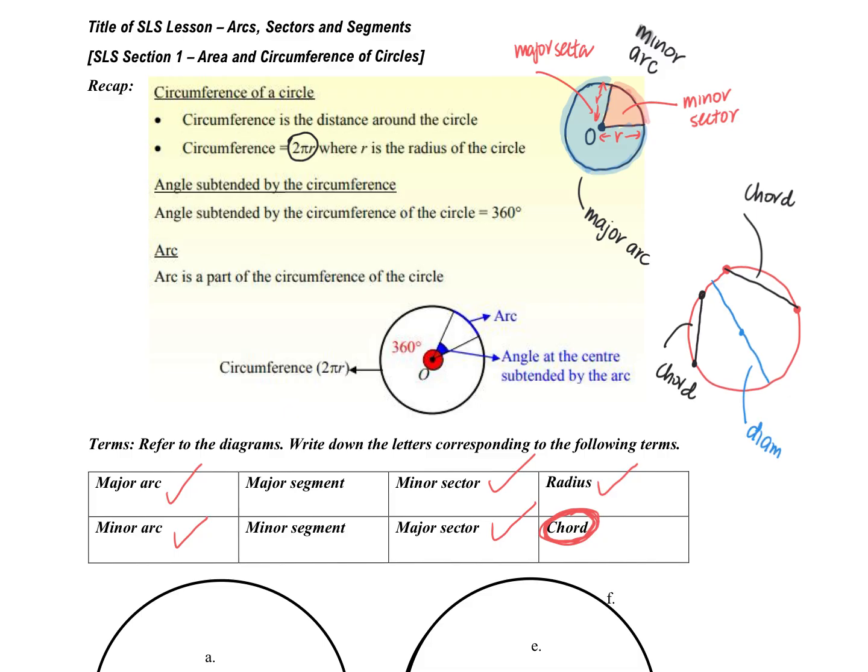This diameter is the longest chord on the circle because it's joining 2 points on the circle and it passes through the center. So all the others are called chords, but this is the longest one. So you must know the meaning of chord, which is a line joining 2 points on the circle.